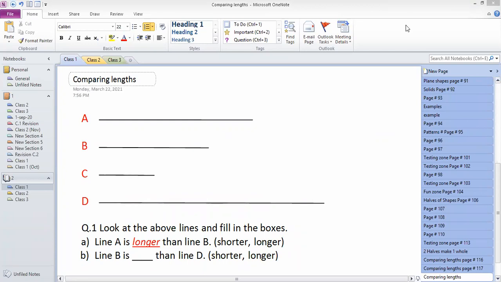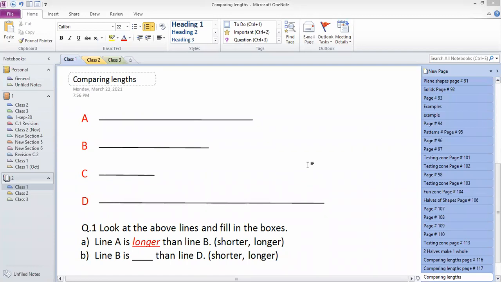Okay, I'm going to take one of the students, guys. Time Knife. Line B is dash than line D. Longer or shorter? Shorter. Are you sure? Yes. Okay, very good. He's saying shorter.